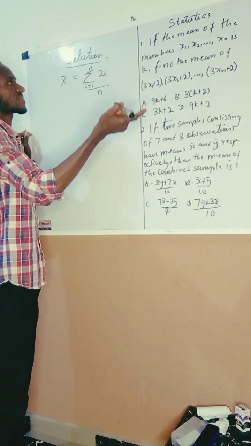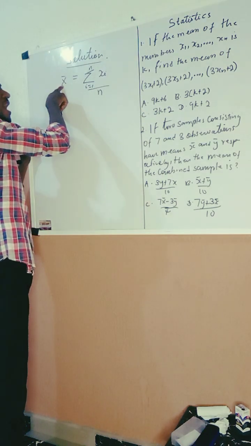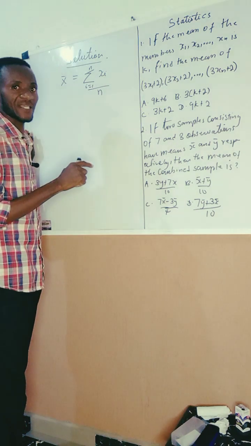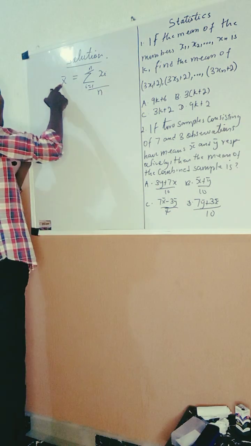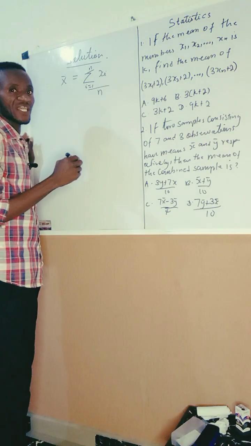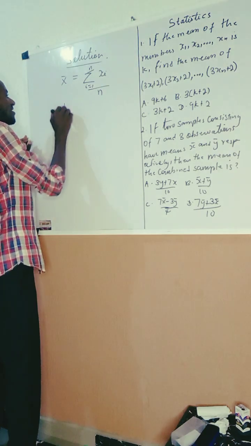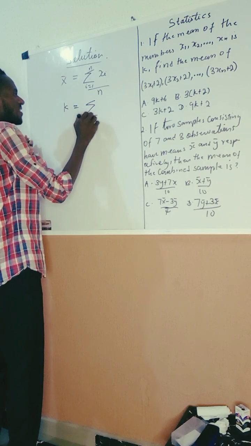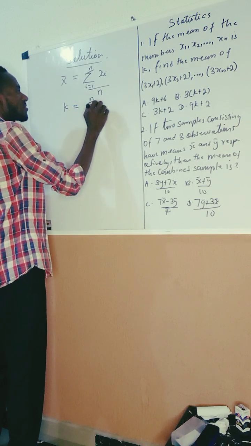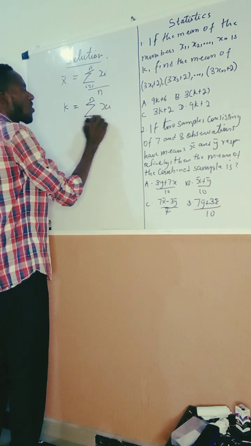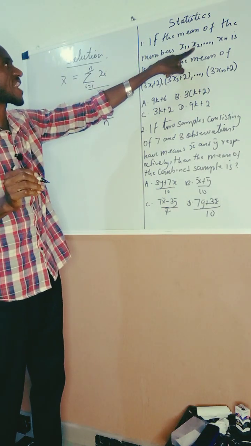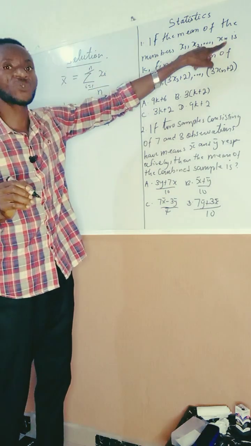But in this case, rather than giving us x bar, we have been told that the mean is k. So in place of x bar, I am going to use k. And it becomes that k equals summation, i running from 1 to n of xi all over n, because our x1, x2 goes down to xn.